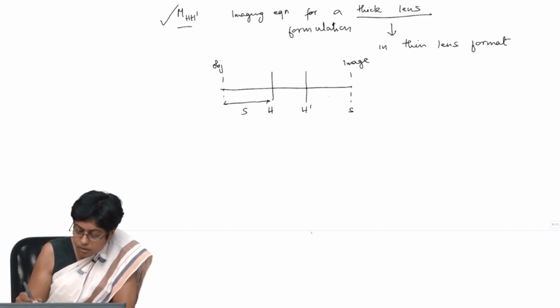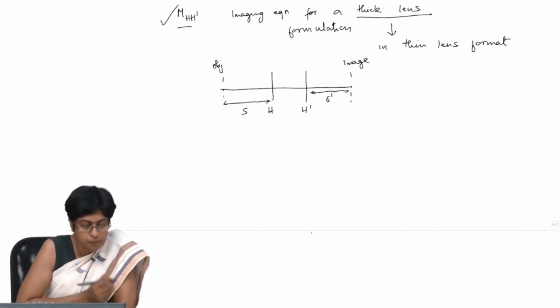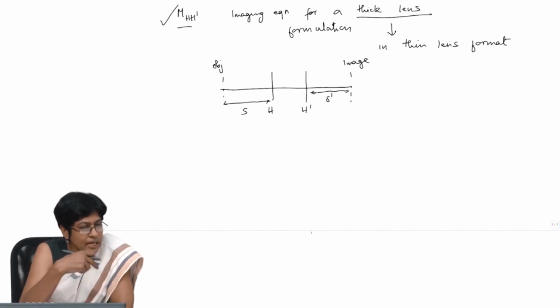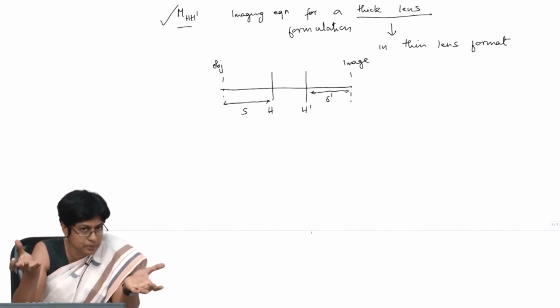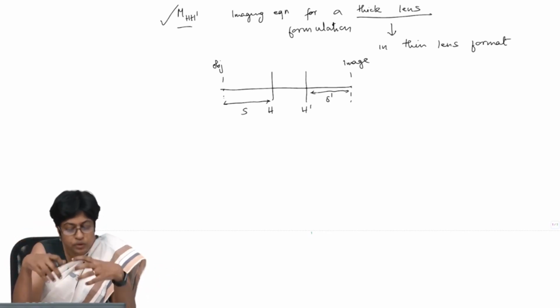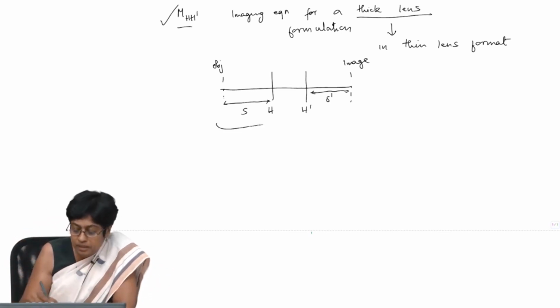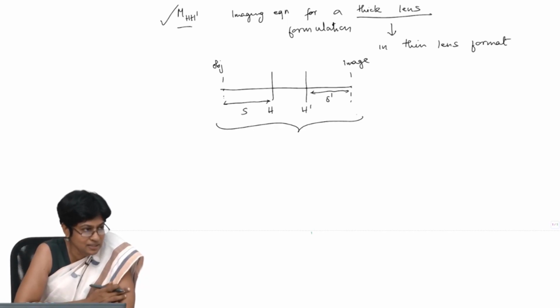I call this S dash. So just as we took the system matrix and added distances to find out where these principal planes were, now I'm going to develop the matrix for this entire system.